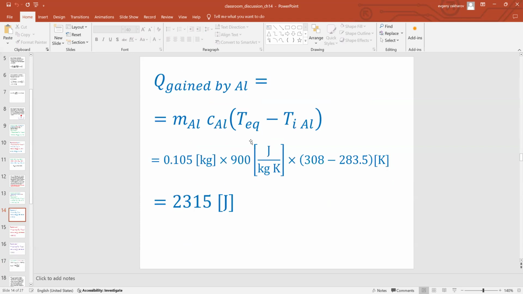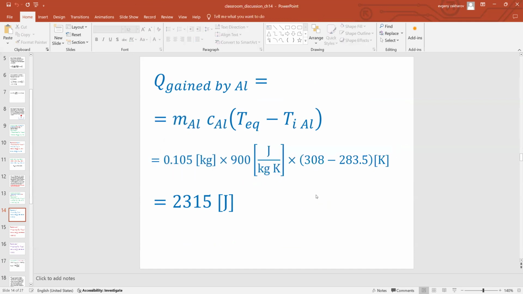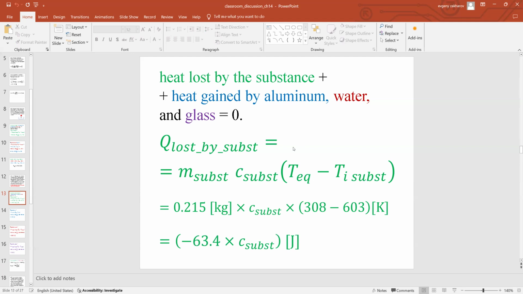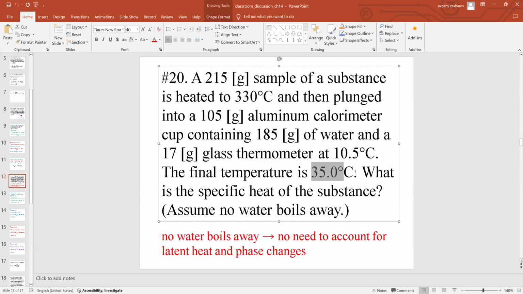What's gained by the calorimeter is the mass of the aluminum times the specific heat of aluminum. We did that before. The equilibrium is also 308, your final temperature for the thermodynamic system in general.